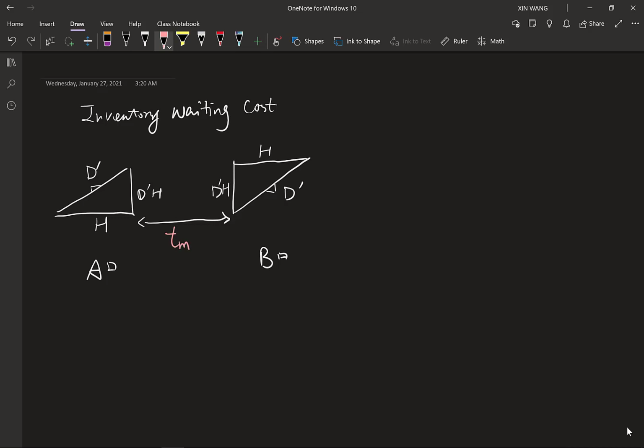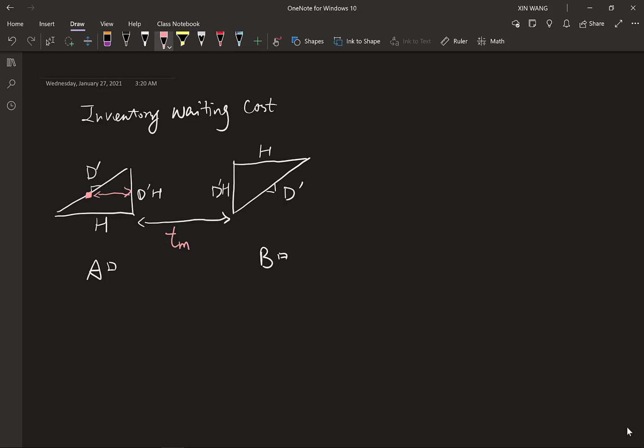Okay. And then for each item, for example, this is one item produced at a specific time. Depending on when it is produced, how long it will be stored is based on the previous dispatch time. So this item will stay at location A for this amount of time.